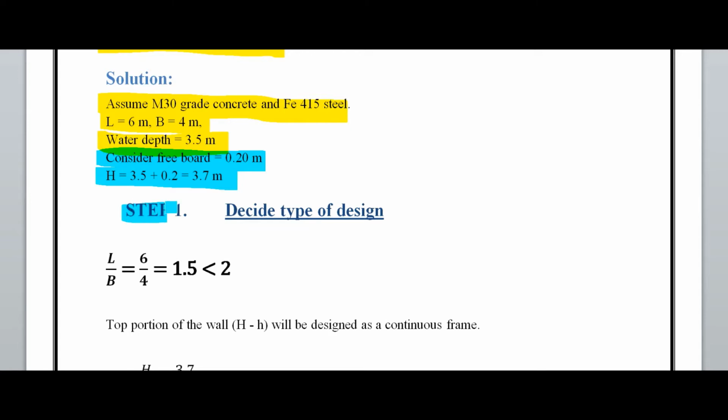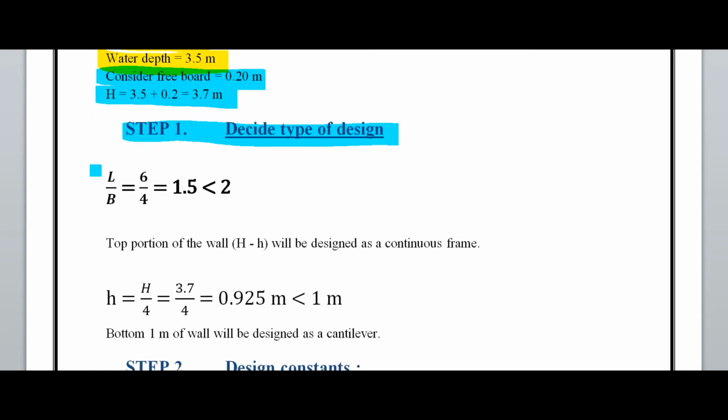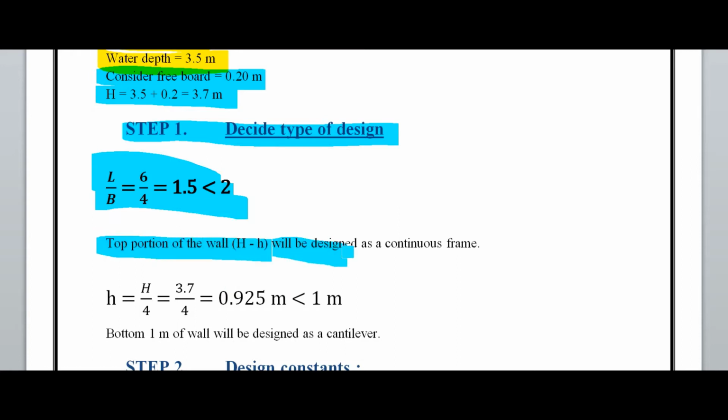Now we have to decide the type of design. Which type are we going to design? Here the L by B ratio is 6/4, so the length to width ratio is less than 2. If the L by B ratio is less than 2, then the top portion of the wall will be designed as a continuous frame.